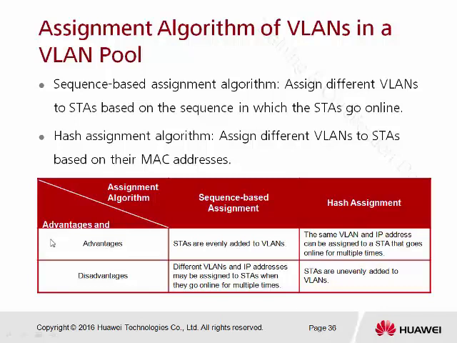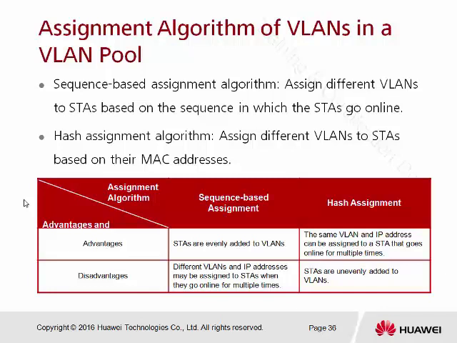The advantage of the sequence-based assignment is that all the STAs are evenly added to the VLANs. But the disadvantage is that a different VLAN and IP address might be assigned to the STA when it goes online multiple times. The meaning is, if you're using the sequence-based, the AC is not going to recognize the PC at all.